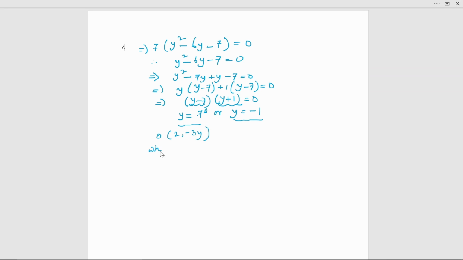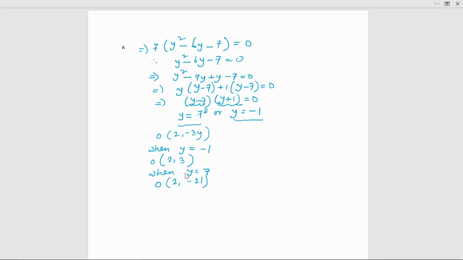When y is equal to minus 1, my center will be equal to 2, 3. And when y is equal to 7, then my center is equal to 2 and minus 21.